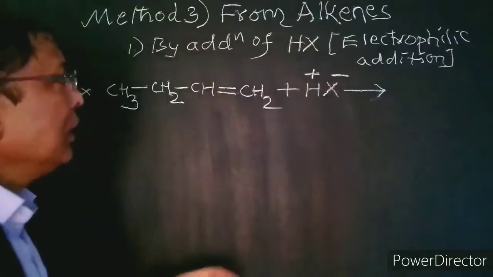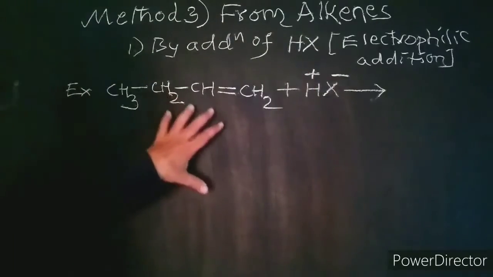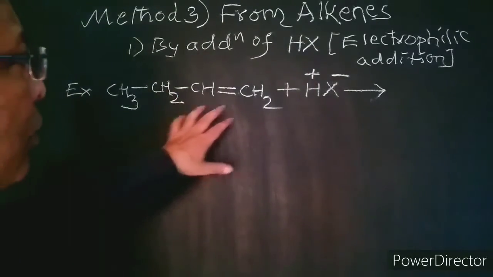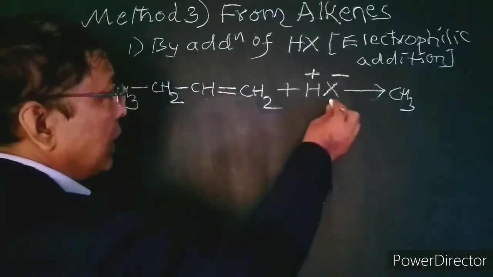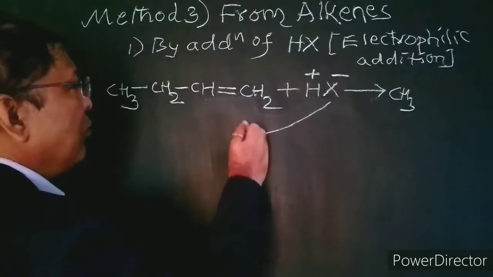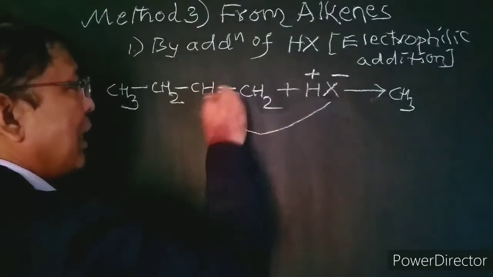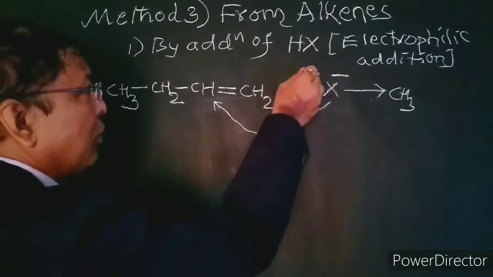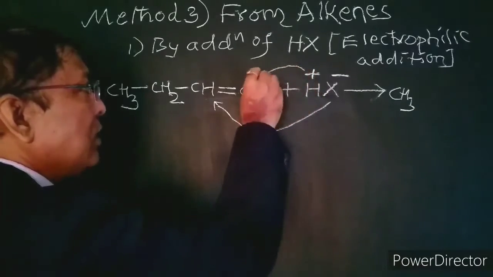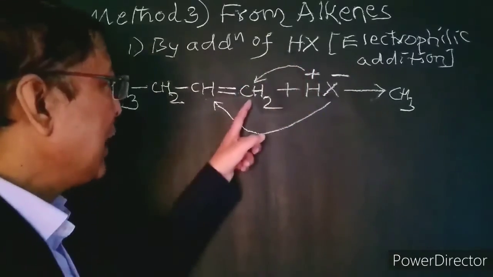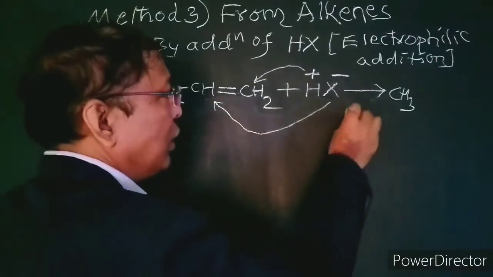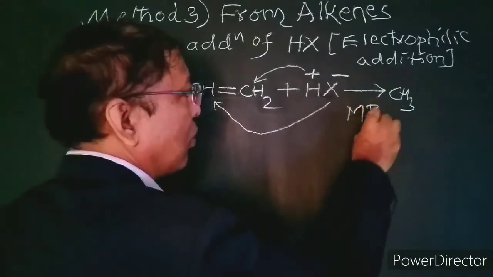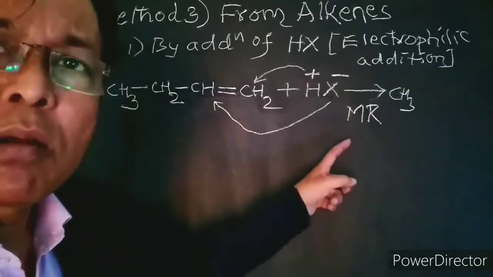Therefore, when we react alkenes with hydrogen halide, the negative part of the reagent goes to that carbon atom which carries less number of hydrogen atoms, and the positive part goes to that carbon which carries more number of hydrogen atoms. This rule is known as Markovnikov rule. In short, we call it the MR rule.